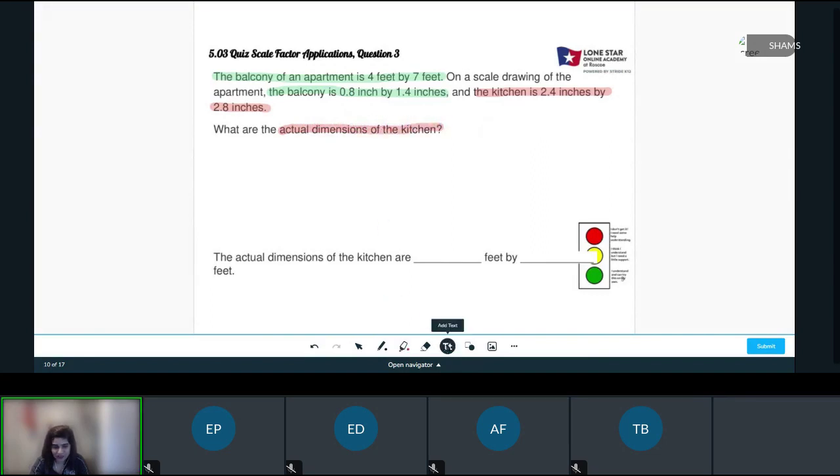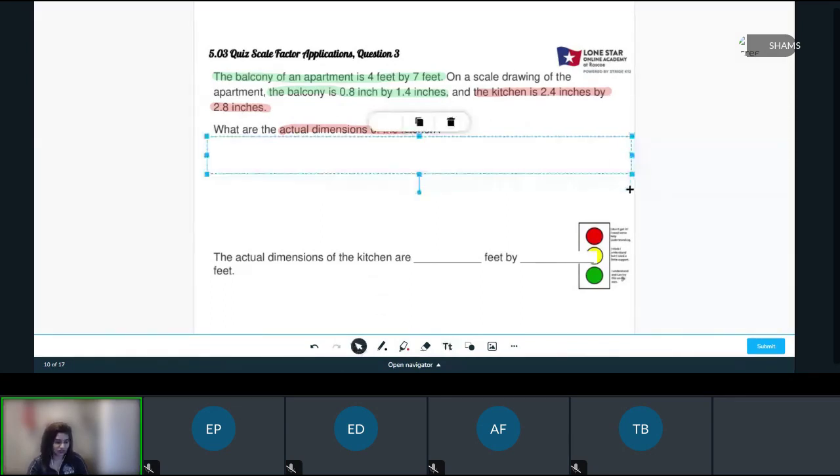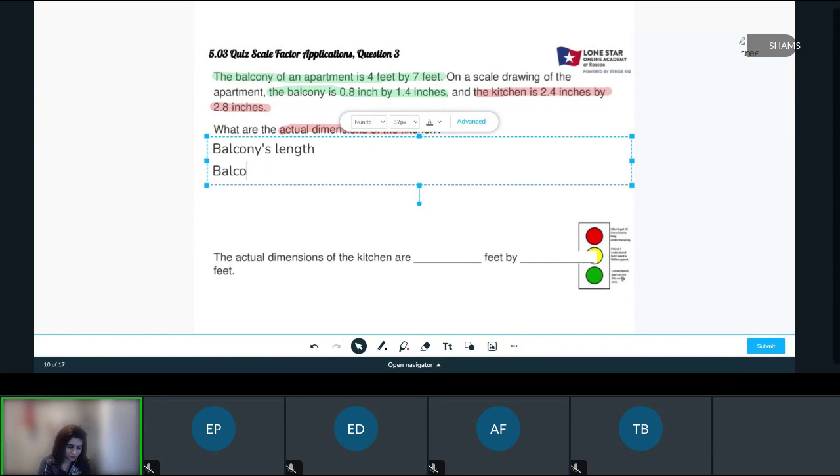Let's see how we can set it up and solve this problem. In this question, they gave you the balcony's dimensions, for example balcony's length to balcony's width.